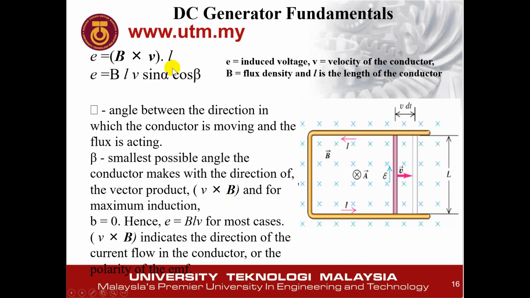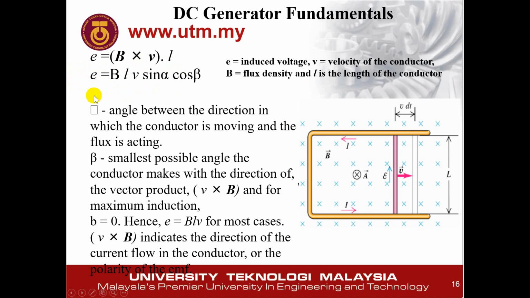So actually E equals BLV sine alpha, where alpha is the angle between the velocity and B. If B and V are perpendicular to each other, the induced voltage is much bigger.